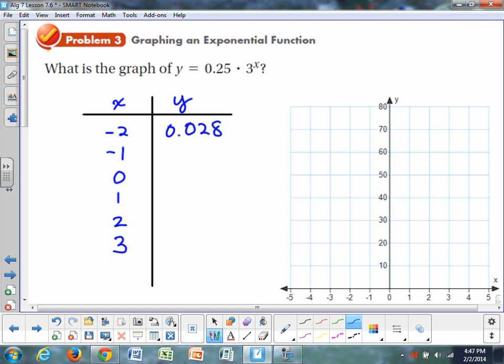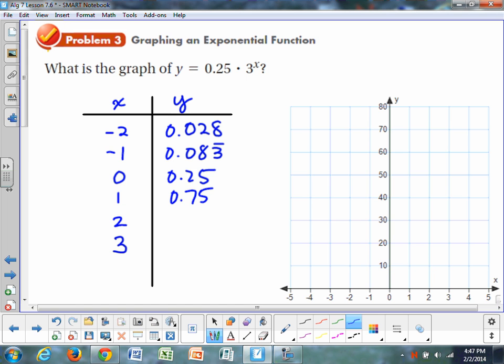If I put -1 in for the power, I get 0.083 repeating. If I put in 0 for the power, of course, anything to the 0 power is 1, so I'm going to get 0.25 when I do that. If I put in 1 for the power, that's 3 times 0.25, which is 0.75.